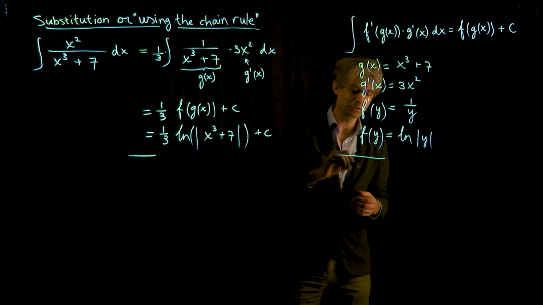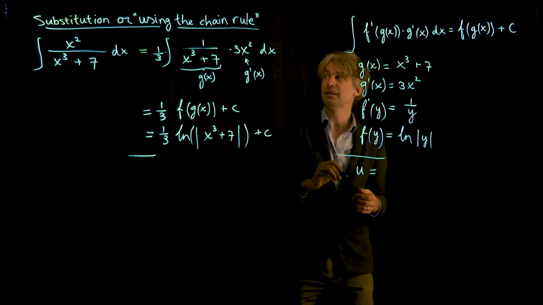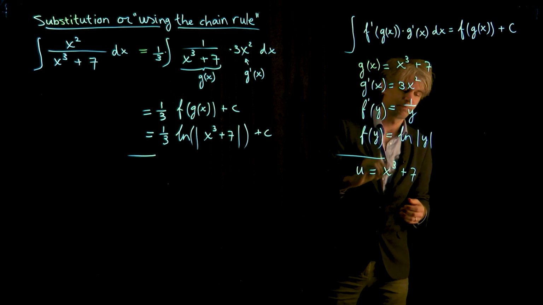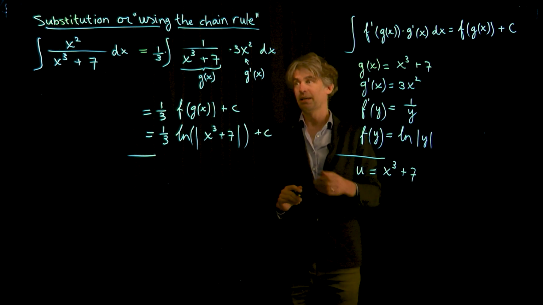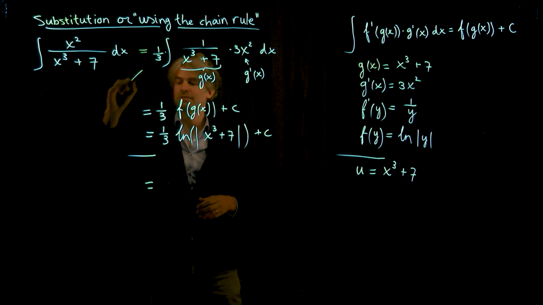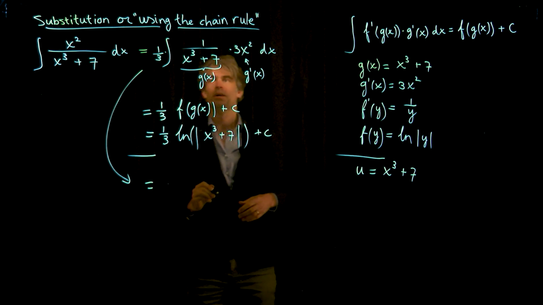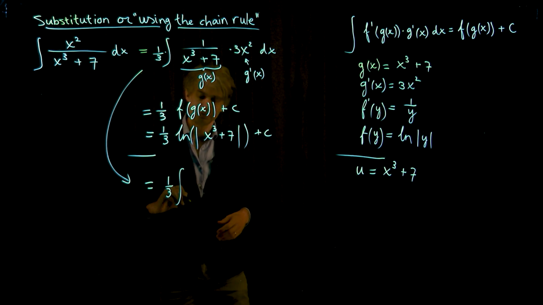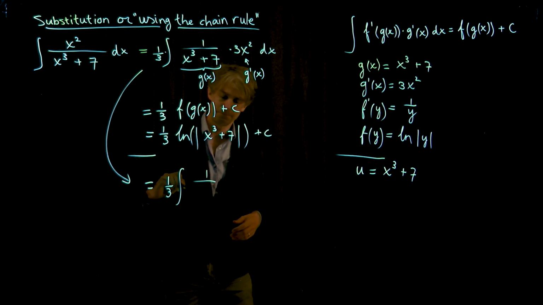I'm going to introduce the variable u equals x cubed plus 7. Okay, so I can continue my integral. I go again from there and onwards, and then I get 1/3 times the integral over 1 over u.